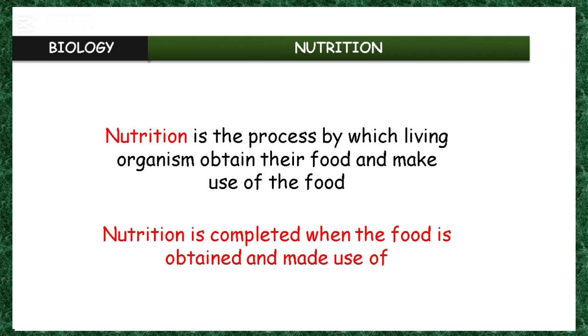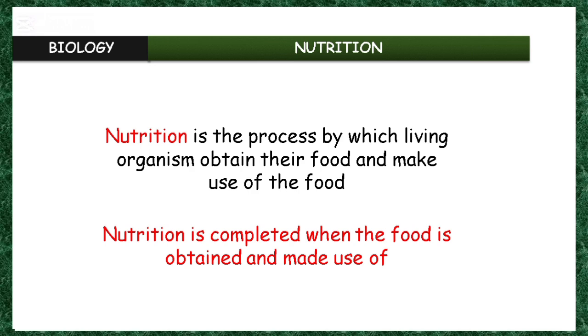So nutrition is actually not completed when the food is only obtained and not made use of. Nutrition is completed when the food is obtained and also made use of. Nutrition itself has so many aspects we are going to cover. We talk about how this food is being obtained. We also look at how this food is being made use of.